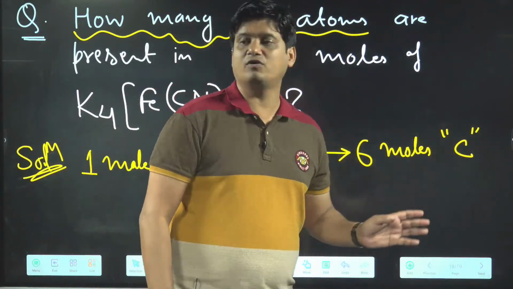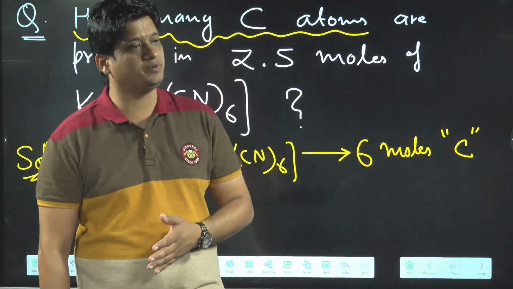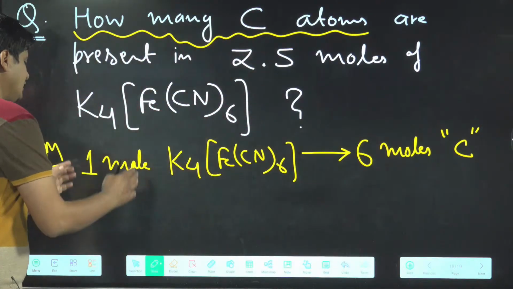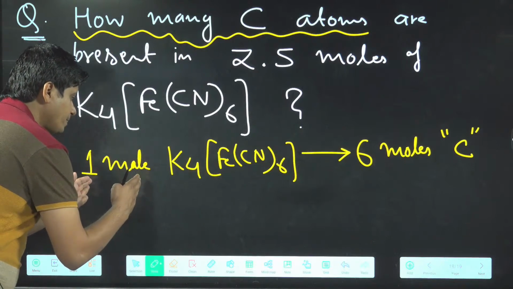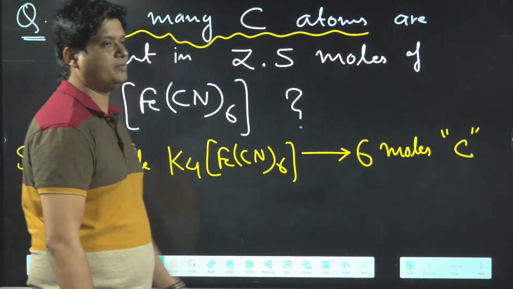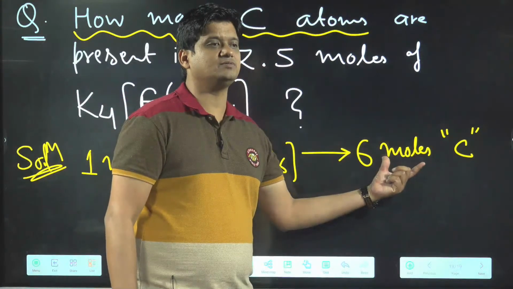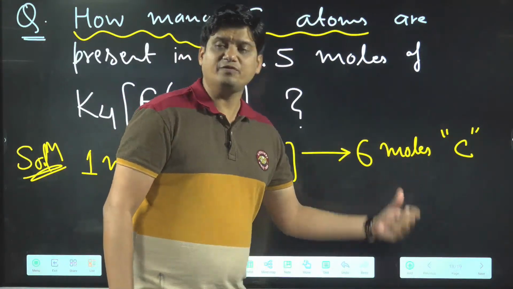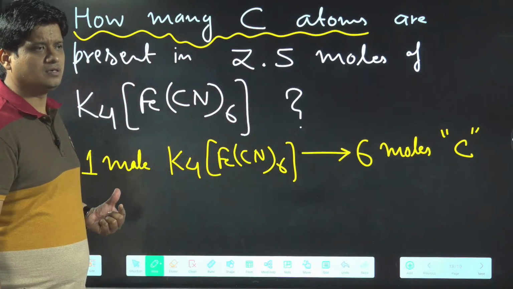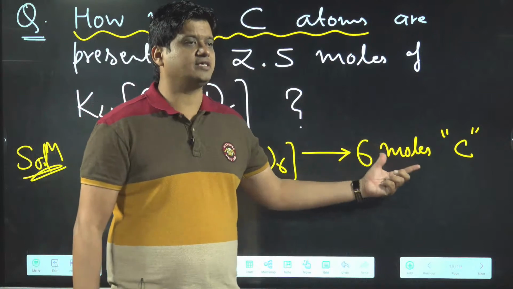Here I want to emphasize the same thing which I taught just a few minutes back. If on the left side you have written mole, then on the right side also you have to mention the same term, mole. If you have decided to write number on the left hand side, then you should mention number on the right side also.